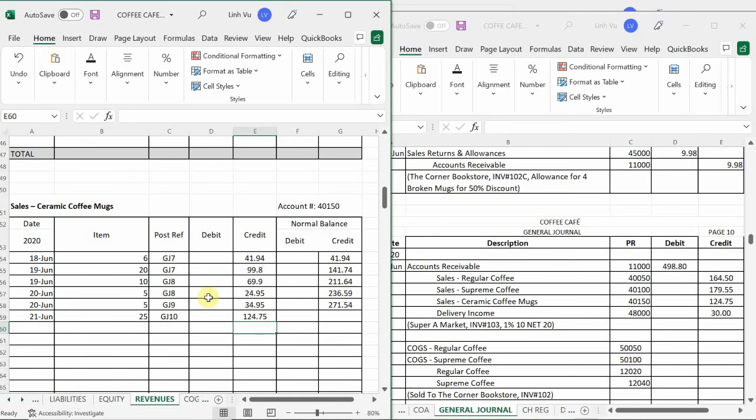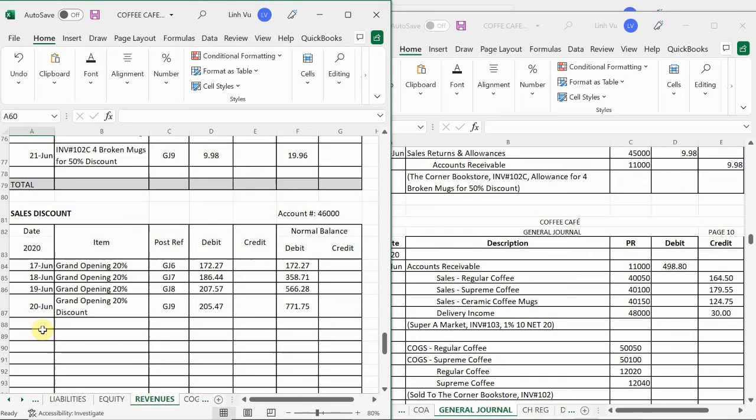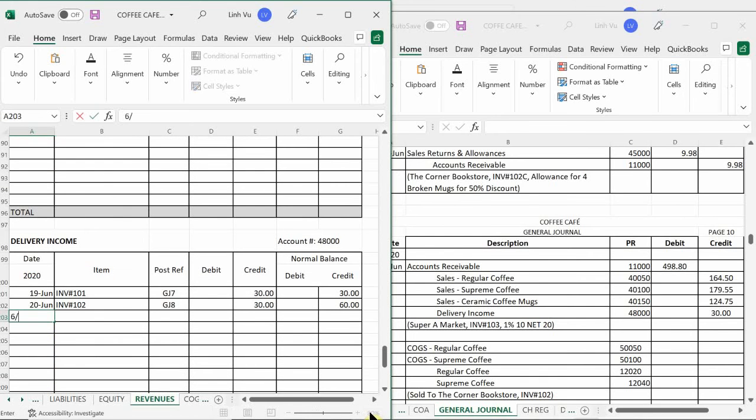So what's my account balance in the ceramic coffee mugs that I sold? 396.29. Good. Okay. Last but not least on this list, we have delivery income, because we charge to transport the items.